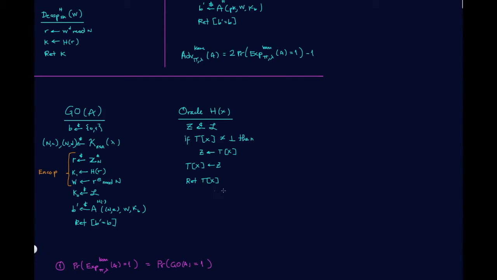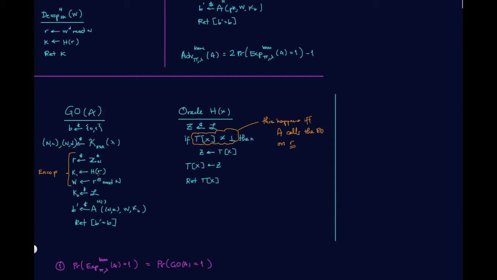Okay, so what do we notice now? Let's bring up the next layer. Notice that this happens if and only if, well, we're assuming, of course, that the adversary doesn't repeat random oracle queries because we know those are wasted. But this happens if and only if the adversary calls this oracle on a particular value, and in particular, this value, because this is the only other place that H is ever called.